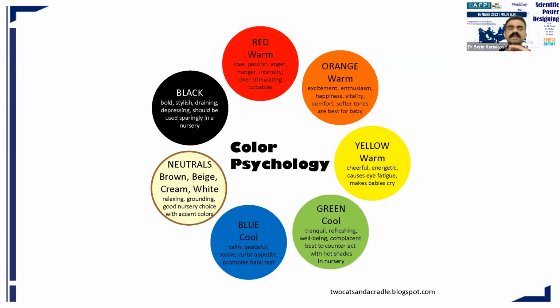So always be very careful while selecting colors. Try to select neutral colors as much as possible. Blue is cool, red is warm, orange is warm, yellow is warm, so please try to maintain that neutrality in your posters.